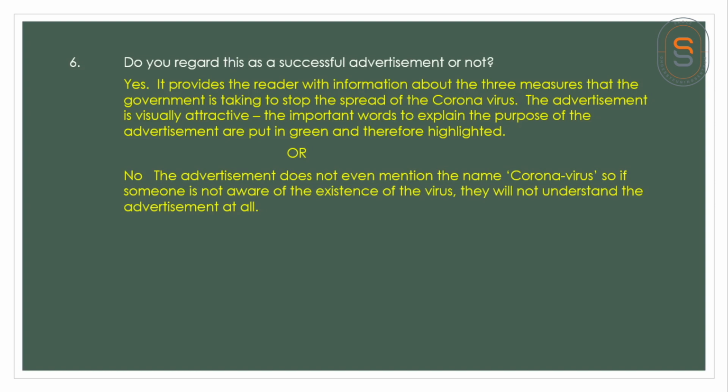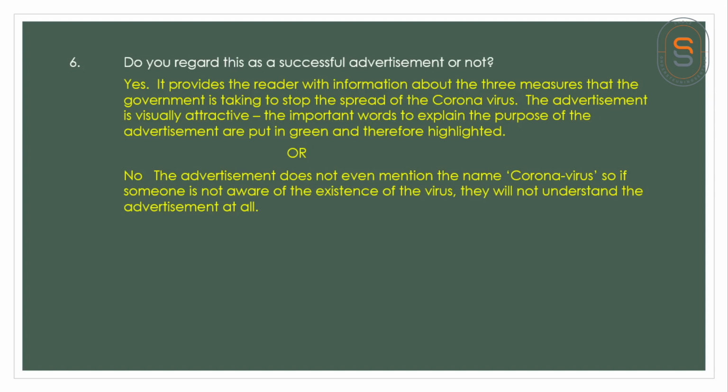The advertisement is visually attractive. The important words to explain the purpose of the advertisement are put in green and therefore highlighted. Right, so very important, the answer tells us about the information about the three measures. All right. Then we're talking about the visuals, the important words, etc., etc.